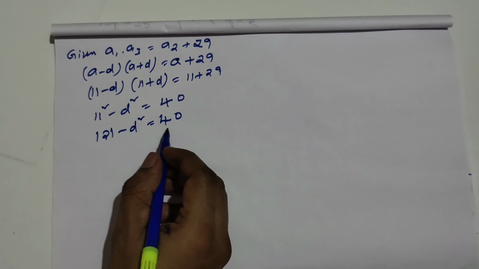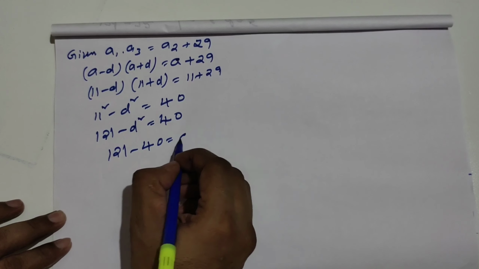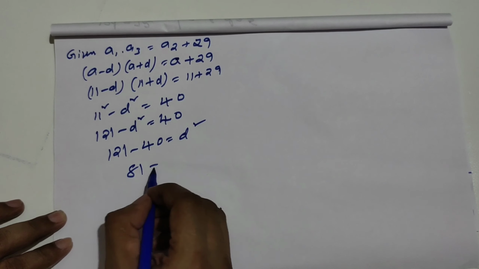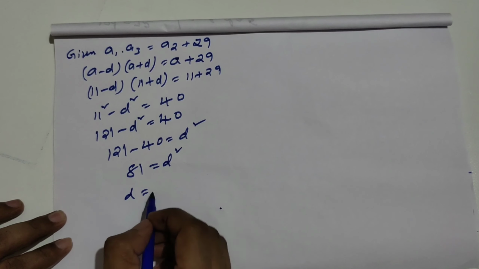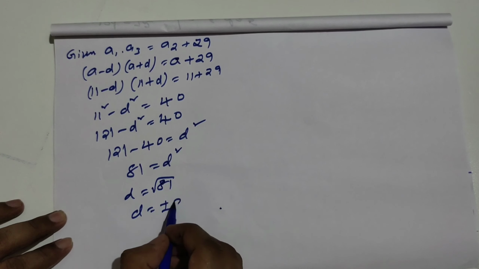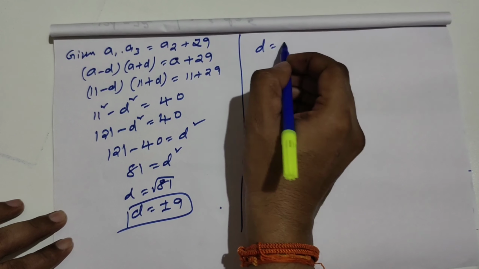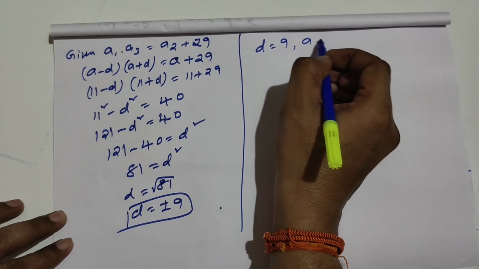Now take this 40 to this side, d square to that side. 121 minus 40 is equal to d square. So we simply get d square is 81. d is equal to square root of 81. Then d is equal to plus or minus 9. So first let us take d value 9 and a value 11.